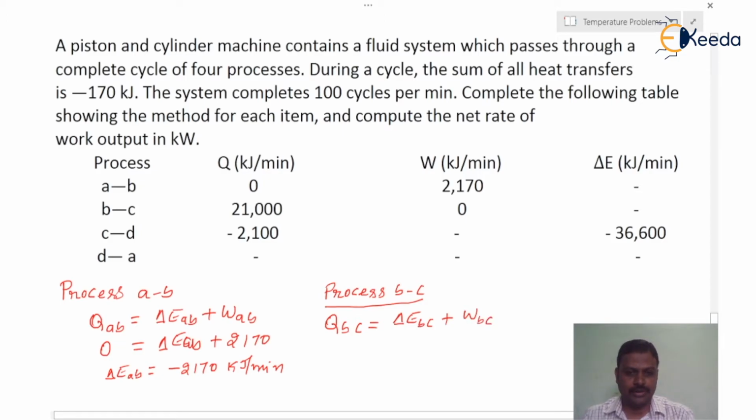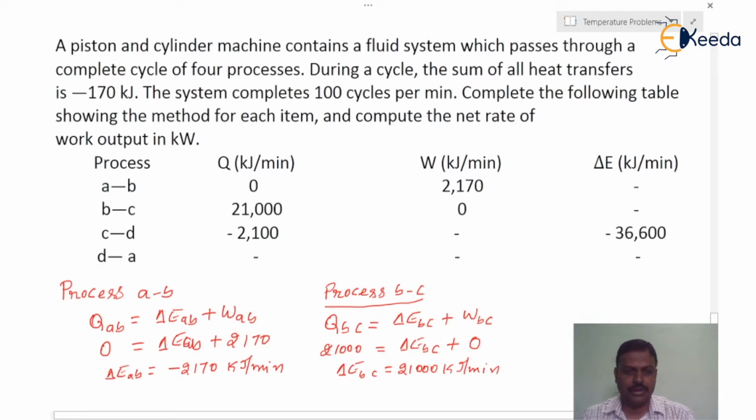So QBC is 21,000 kilojoules per minute, that is equal to delta E BC, which has to be calculated, plus WBC, which is 0. So delta EBC is plus 21,000 kilojoules per minute.